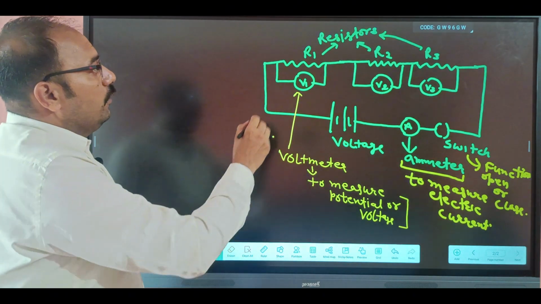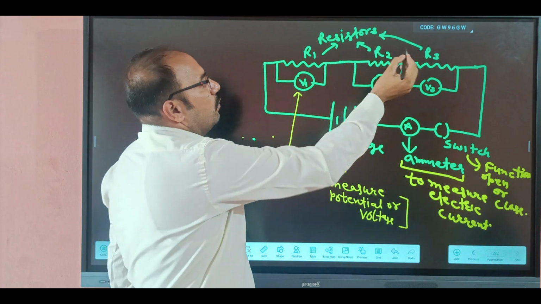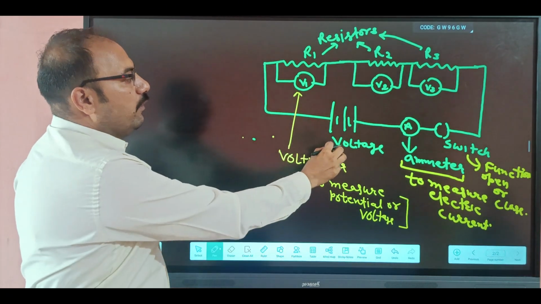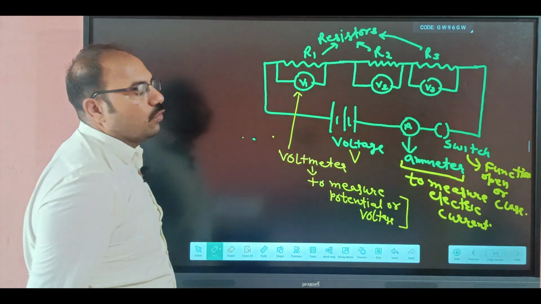So first of all, we write here R1, R2, R3. Three resistors are connected in series with a voltage V. So this is the total voltage.